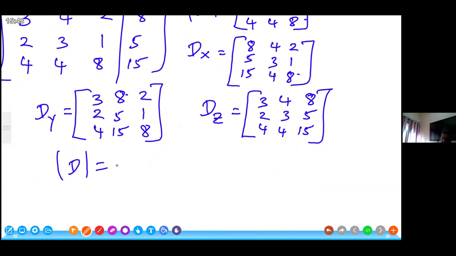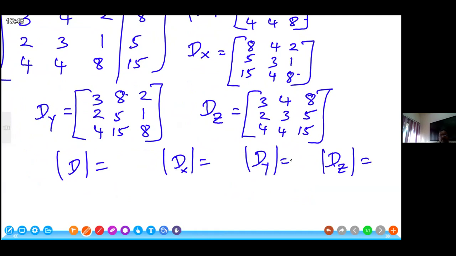Determinants of d, determinants of dx, determinant of dy, and determinant of dz. What are those values? Carmelita, what is your name? Carmelita. Yes. Give me these values. That is more helpful.